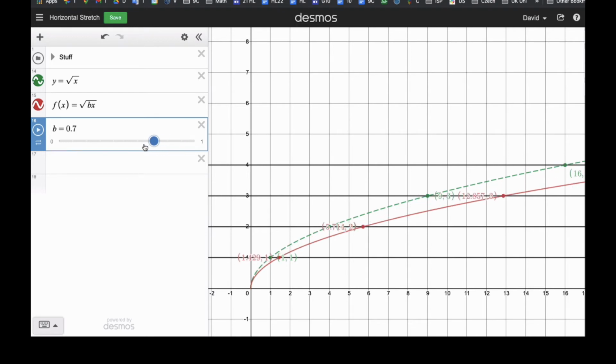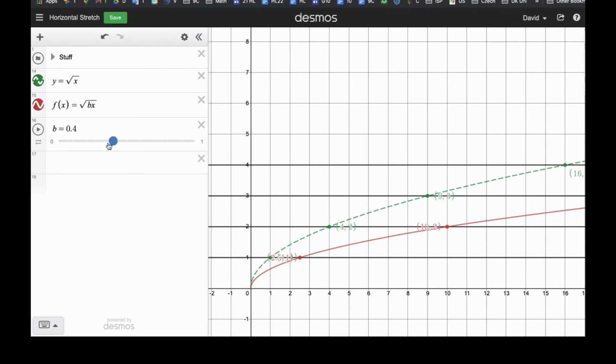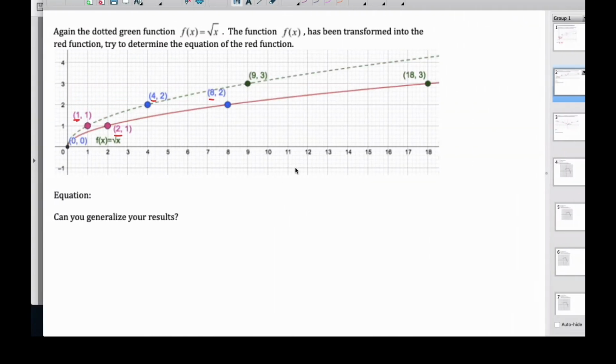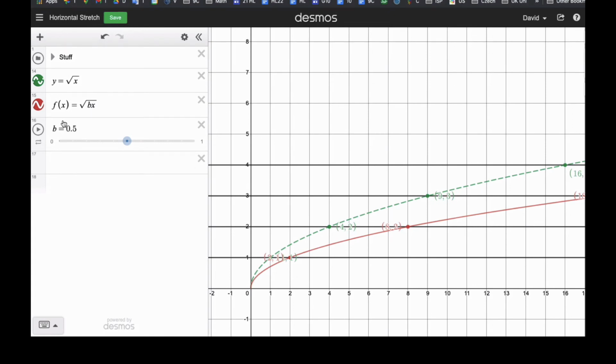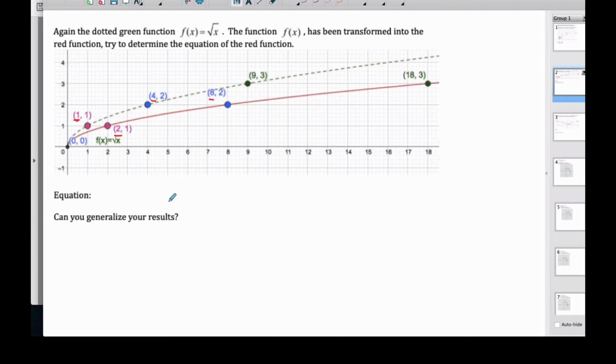As I get this number between 0 and 1, it gets pulled out this way. It's like it's going slower. I'm looking for the value to be 4 and 8, 9 and 18, I believe. So 9 and 18, that's what I have when I have b to be 0.5. So the equation here of the red one is y is equal to the square root of 1/2 x.